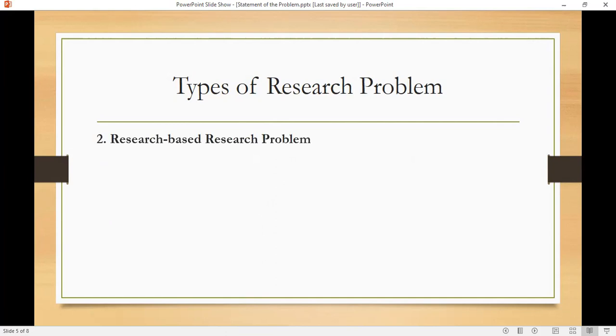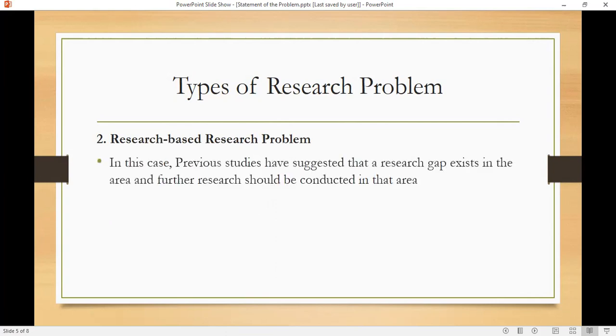Well, the second source or second type can be the research-based research problem. In case previous studies have suggested that a research gap exists in the area and further research should be conducted in that area. The previous one was either you had experienced that or you had heard somebody or came across it in a discussion.